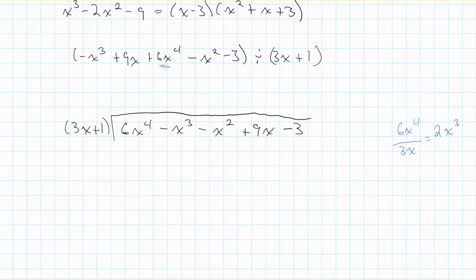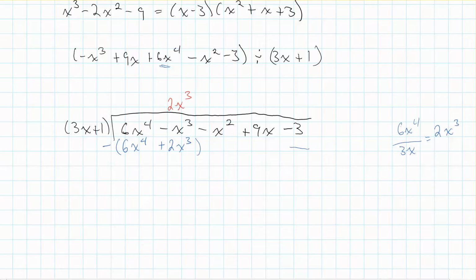You'd multiply x by x cubed to get x to the fourth. So we would have then 2x cubed, and then we'll go ahead and do all the multiplication out here. So we'd have 6x to the fourth plus 2x cubed, and then we do the subtraction.